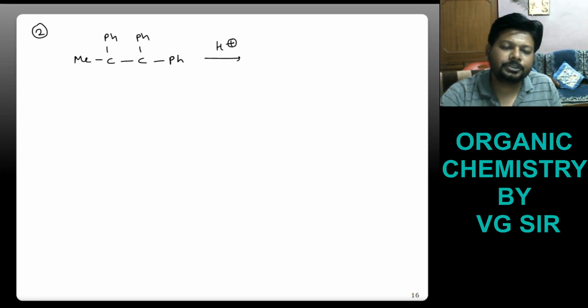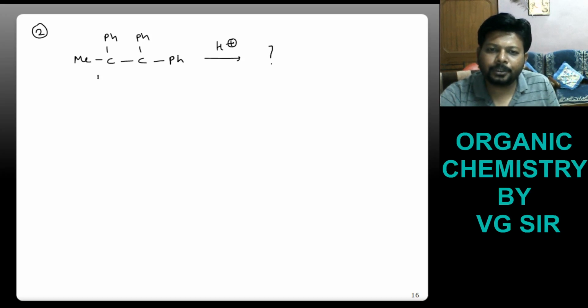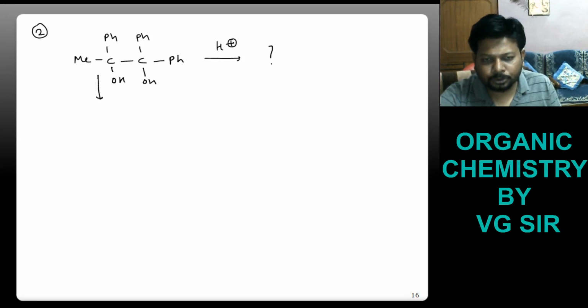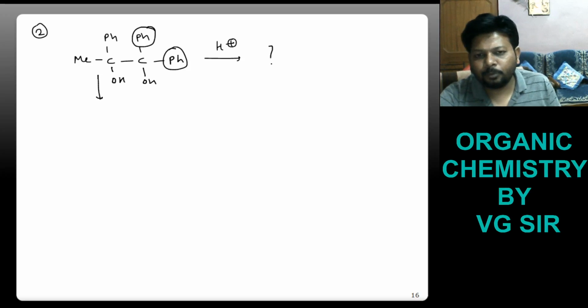Now suppose this is the question, what will be the product? So again, first you have to discuss which one will be the more stable carbocation. So you can see there are two phenyl groups, so it will be more stable.